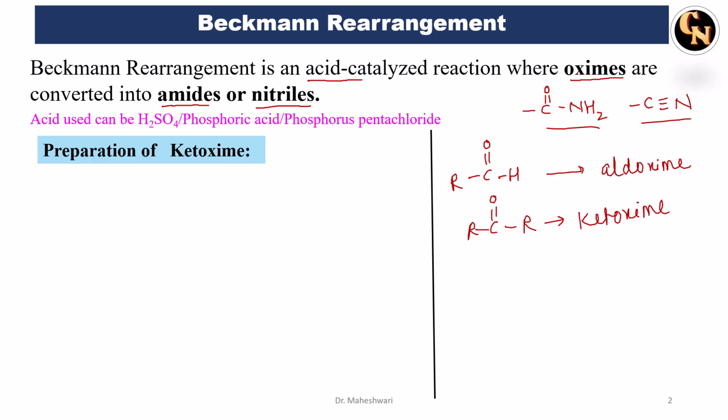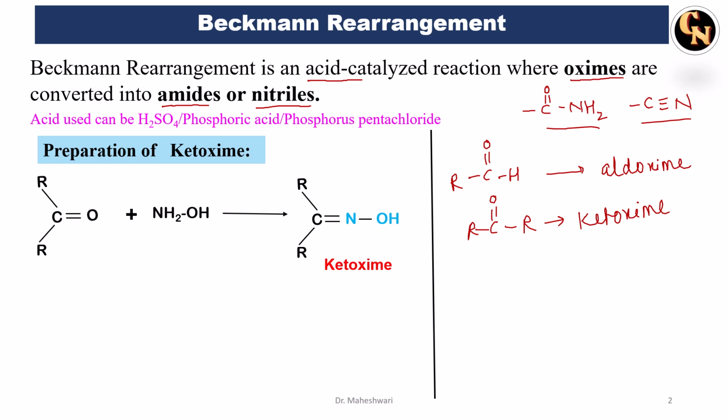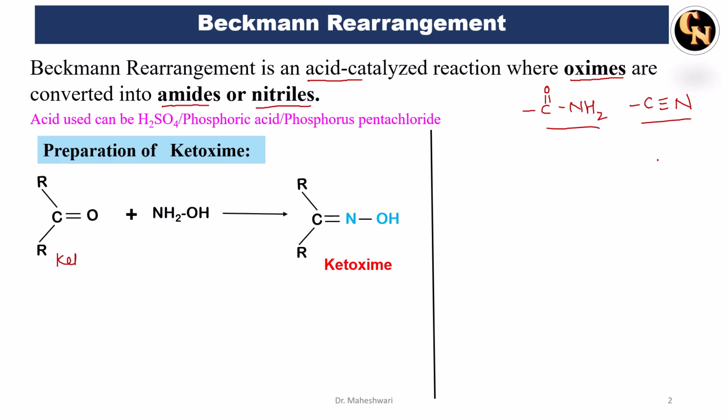Now what I am going to show you on screen is that we are going to prepare a ketoxime, meaning we will be taking the starting material ketone. As you can see on the screen, a ketone, that is R C double bond O R, is treated with NH2OH, that is hydroxylamine. Let me just write the names of them. This is the general reaction.